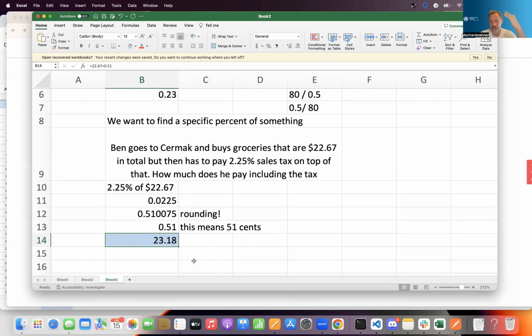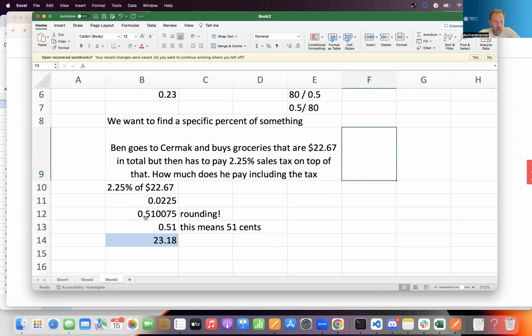And then I can look through it, I can see what you did, and I can give you credit for that. If you show me nothing here, and you give me the 23.18, I'm going to be happy that you got the right answer, but I'm going to be wondering, where did it come from? So keep in mind that for full points, you want to show everything that you've done.